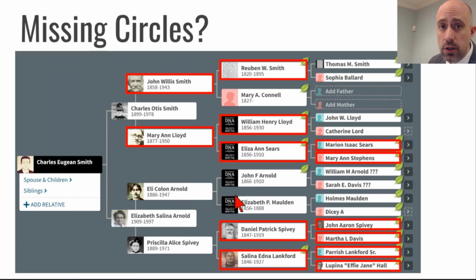So that's not a conclusion that you necessarily have to jump to every time you find a gap, but in this case I think that's probably, or quite possibly, what's going on. So another thing to consider when you see a big dearth of DNA circles.